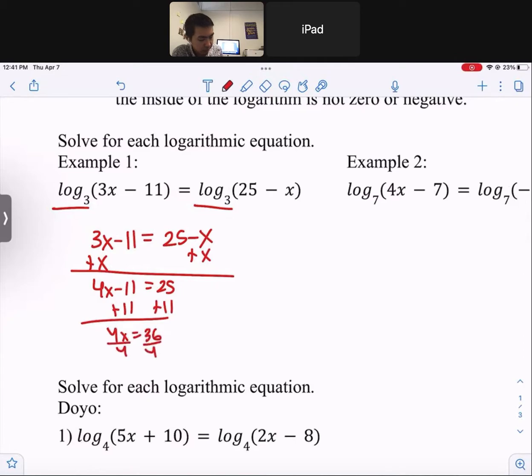Divide both sides by 4, and x equals 9. If we plug 9 in, 25 minus 9 gives us positive 16, so that's fine. And 3 times 9 is 27, 27 minus 11 is 16, so that's a positive there. This will be perfectly fine.